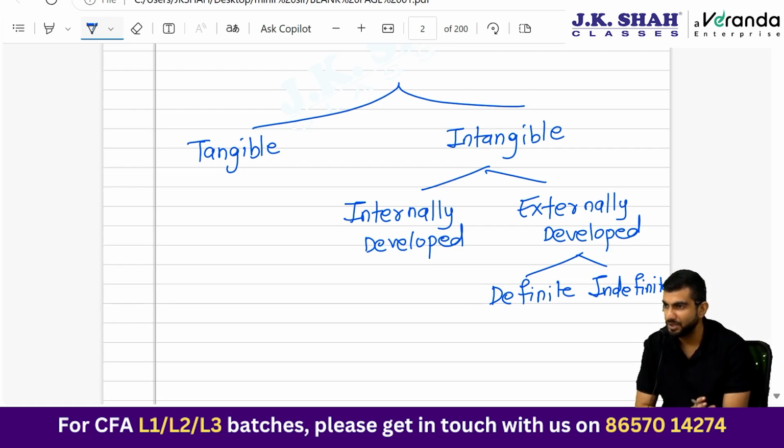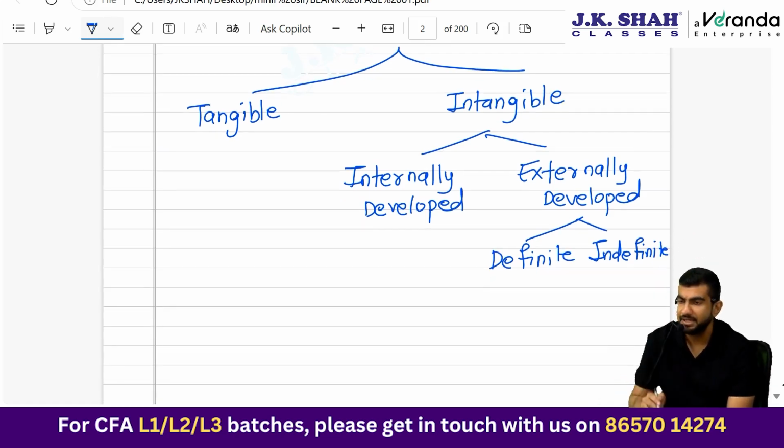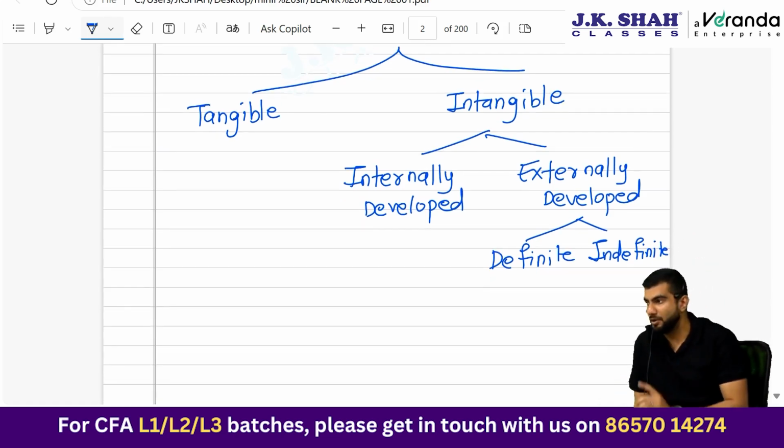Clear with this? Okay. Here again, there was some part of the long-term assets chapter which I would like to discuss here because it is related to this. If there is an intangible asset which I can renew indefinitely at a minimal cost, you do not amortize it. Remember that? Okay, fine.